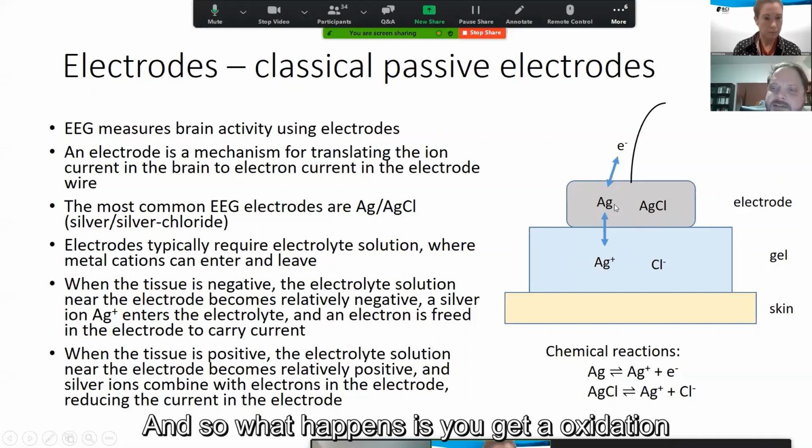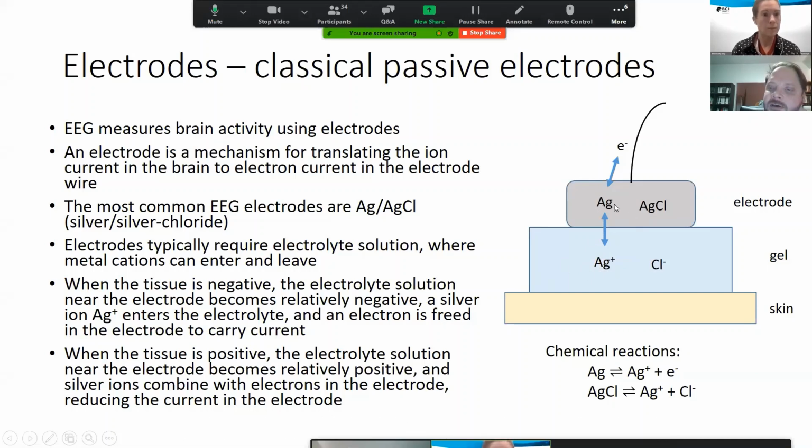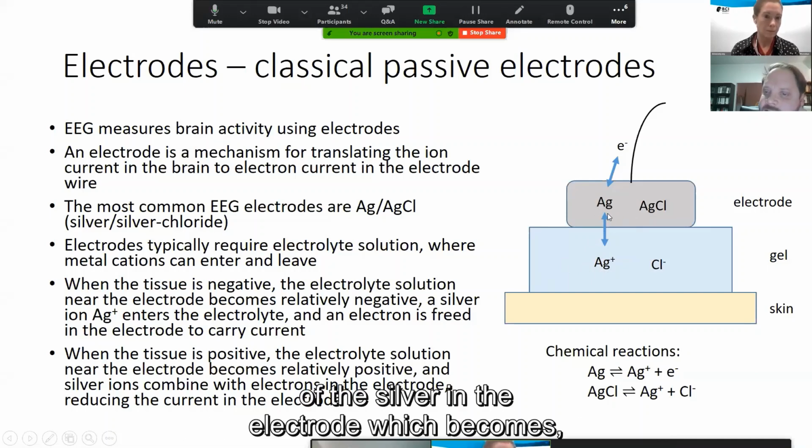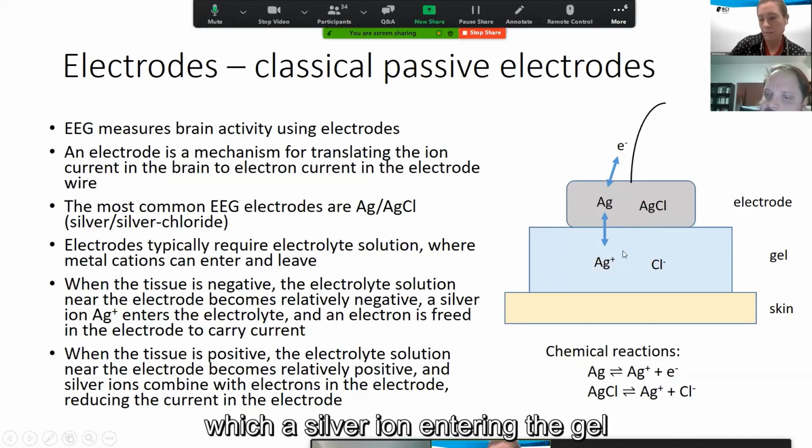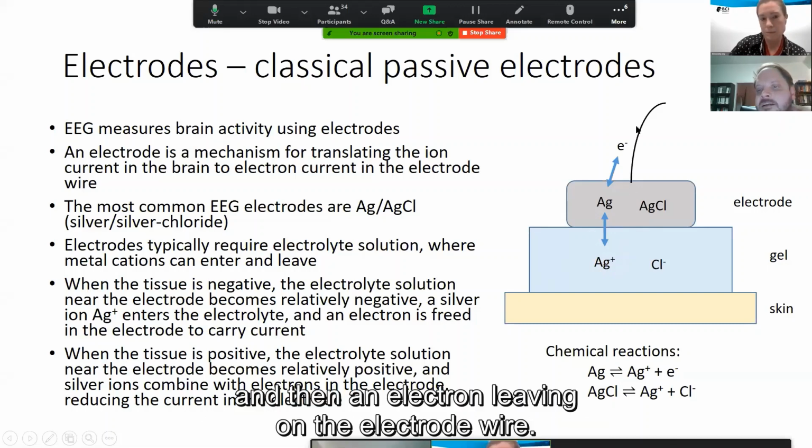So what happens is you get an oxidation of the silver in the electrode, with a silver ion entering the gel, and then an electron leaving on the electrode wire.